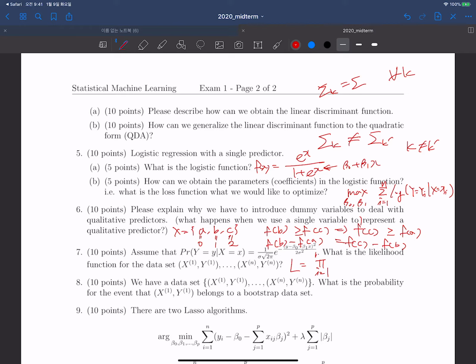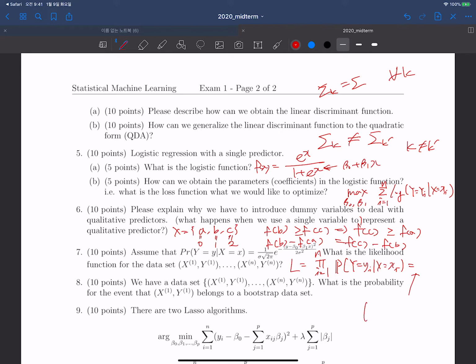So this is the product from i equals 1 to n of the probability y equals yi given xi, and you can compute this very easily, right?